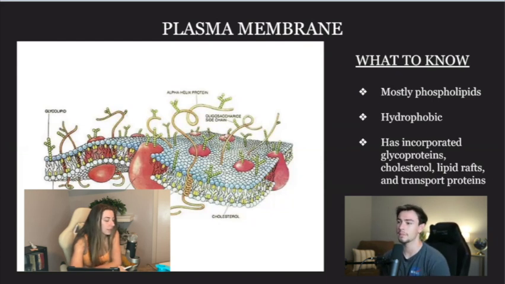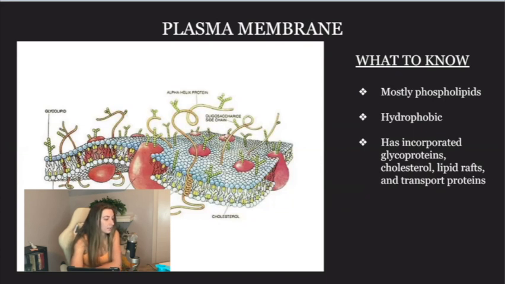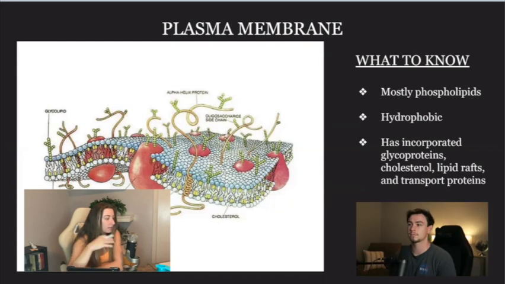The last thing I have on the plasma membrane, actually I have two things. The plasma membrane for prokaryotes is different from eukaryotes. I wouldn't have thought this was a high yield thing, but I found a couple of questions on it in AAMC material.